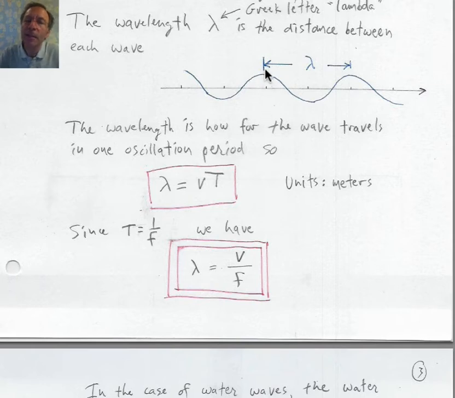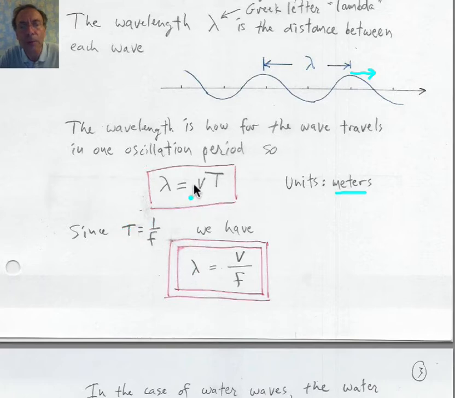But as it was going down and up, the wave was moving to the right. Because of this combination, we can figure out that the wavelength, lambda, has to be equal to the wave speed, v, times the period. And the units of wavelength will be meters.